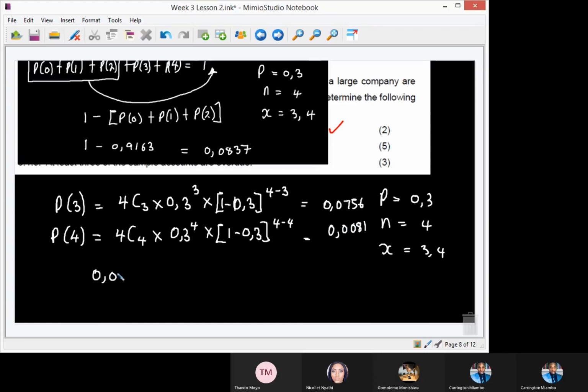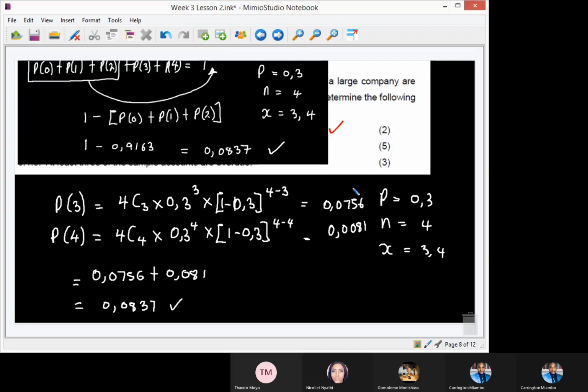Let's add them: 0.0756 plus 0.0081. What's your answer? 0.0837, which is the same as this one. Right, it's the same, but the only difference is that we use another way. So you can use that way as well, but you still get the same answer. The answers are exactly the same because we didn't round our numbers. So those are the 2 ways you can calculate this.